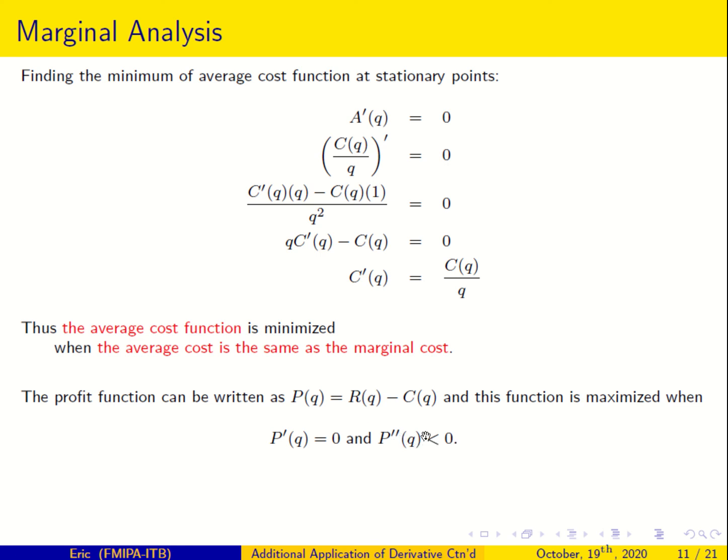This is the second derivative test. What is P''(Q)? This is R''(Q) minus C''(Q). It means if we want to maximize the profit, it will happen when R'(Q) equals C'(Q), and R''(Q) is less than C''(Q).